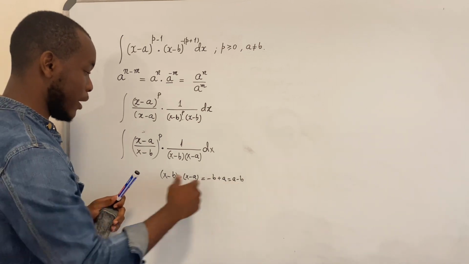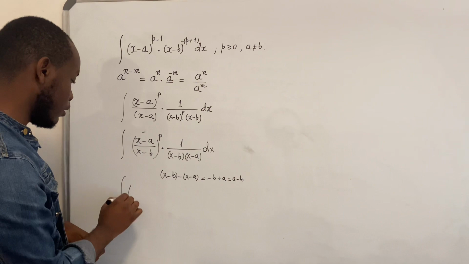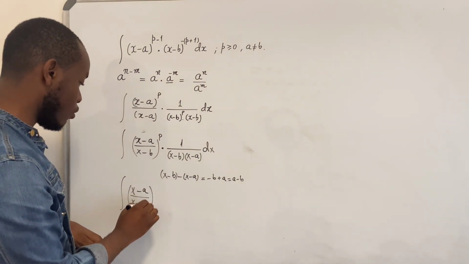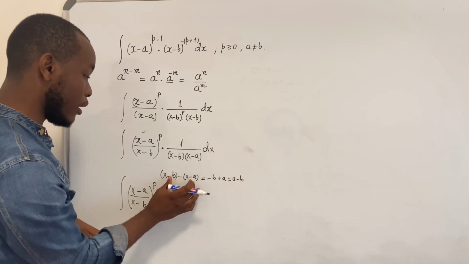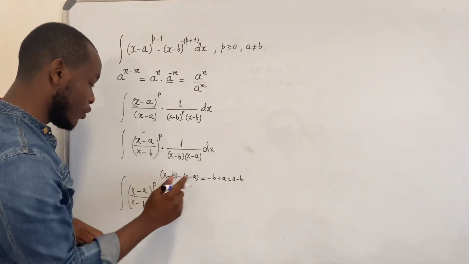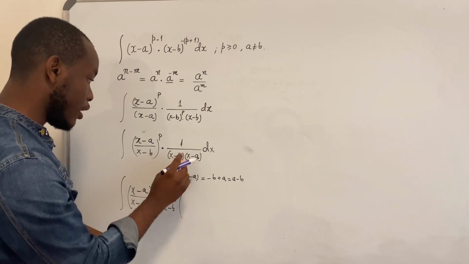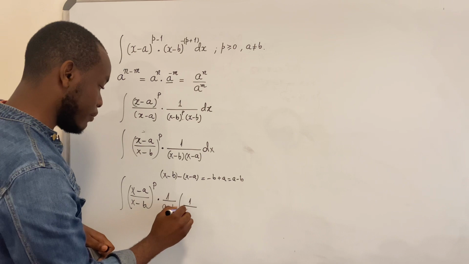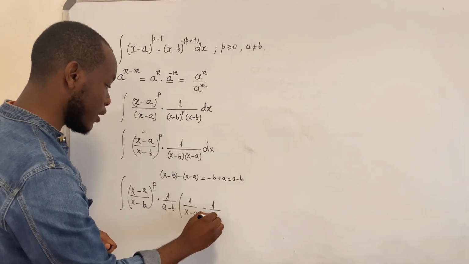Because it's equal to a minus b, this expression can be reduced into the integral of x minus a over x minus b all to the power p times this expression that is produced by subtracting my denominators. So it will be 1 over a minus b, and then I can split them since the numerator is 1. So it will be 1 over x minus a minus 1 over x minus b.